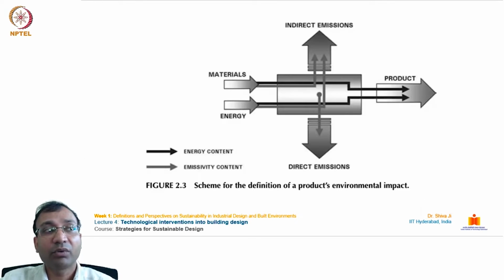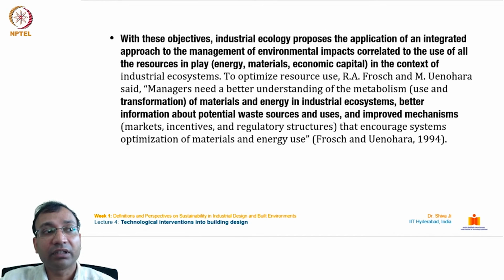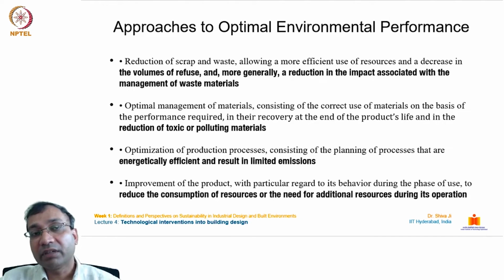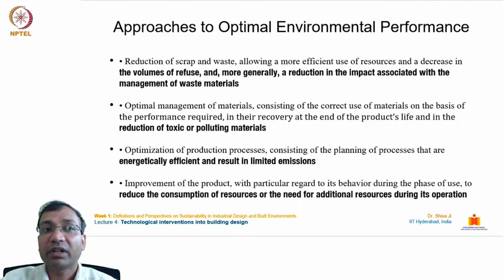Well, what are the approaches for optimal environmental performance? So, reduction of scrap and waste, allowing a more efficient use of resources and a decrease in the volumes of refuse, and more generally a reduction in the impact associated with the management of waste materials.